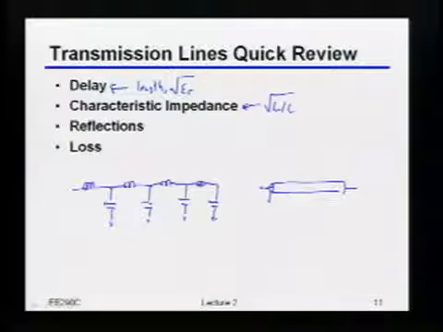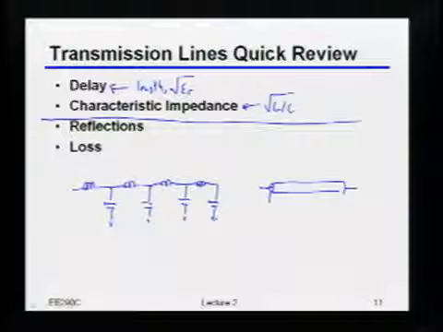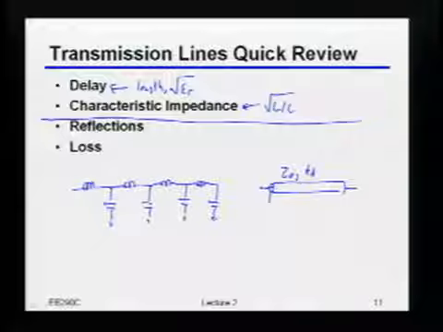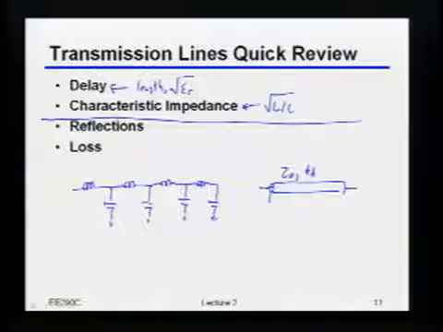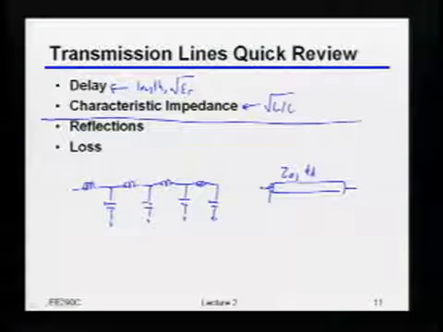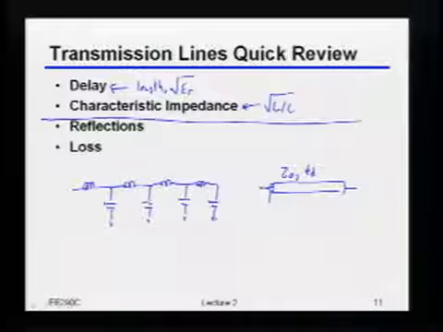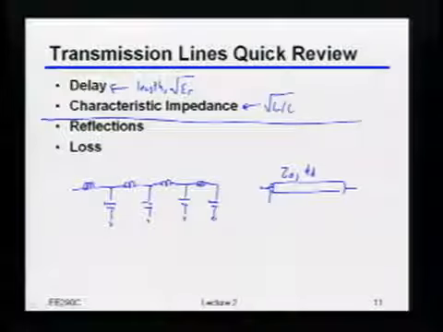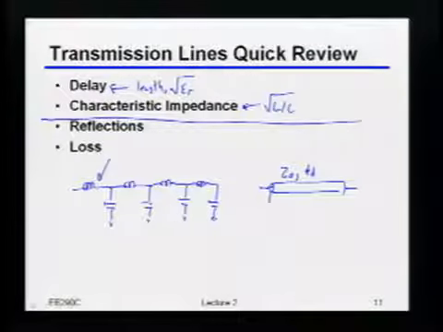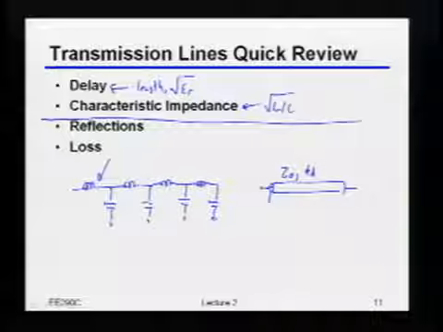Now, these are the basic characteristics. As we said, there's some characteristic impedance, Z0, and some delay for that line. But as we'll see, and as I'm sure you've seen before, there are also other fun things that happen when you start dealing with transmission lines. The first fun thing is these so-called reflections. We'll see that more in a second. The second fun thing is that even though I drew this as just an LC thing, any real wire has resistance in it.